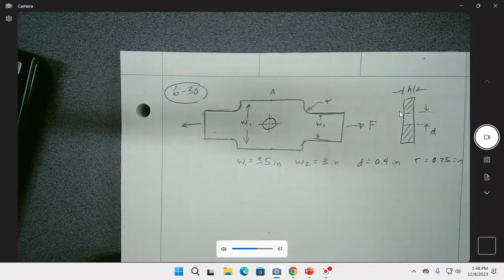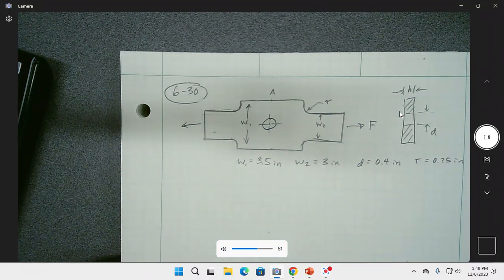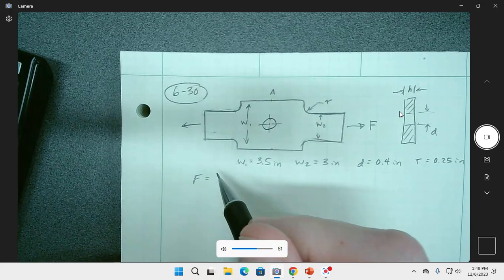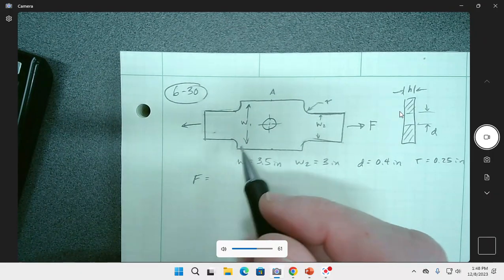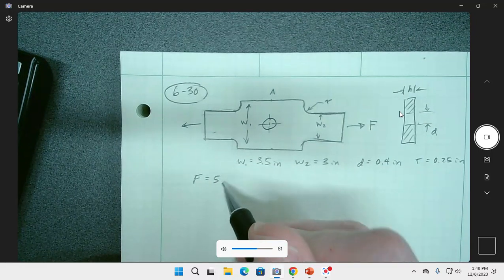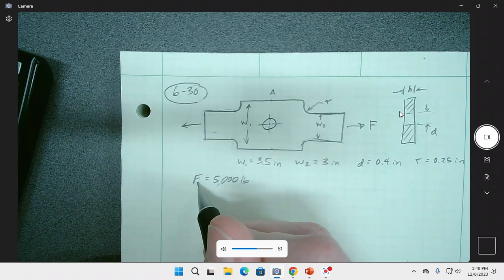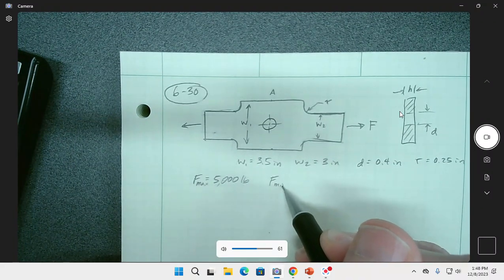All right, so we have two different spots that we have to check with this. And the force for this one at least fluctuates between 5 kips, 5,000 pounds. Let's say they call that force max, and force min is compression.